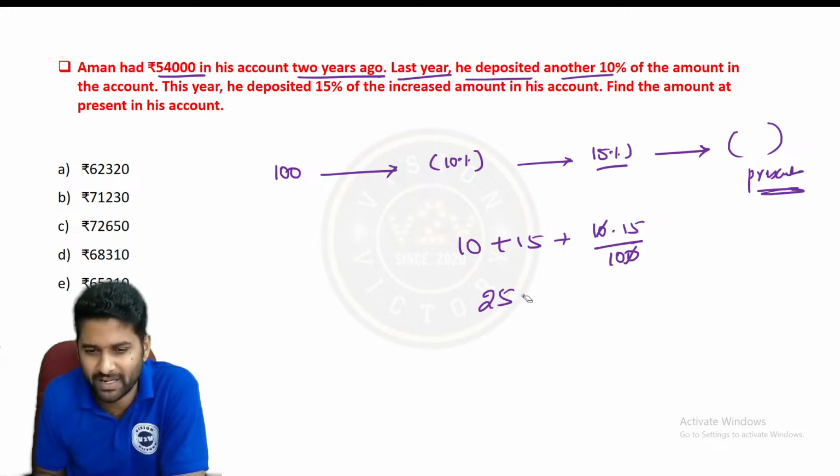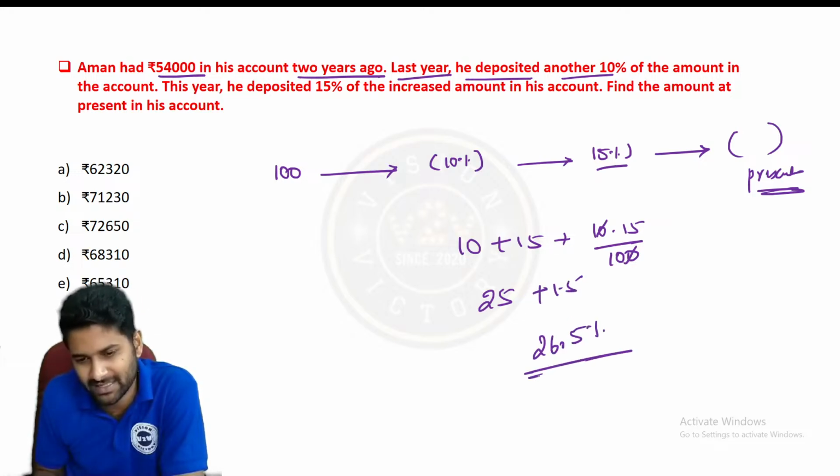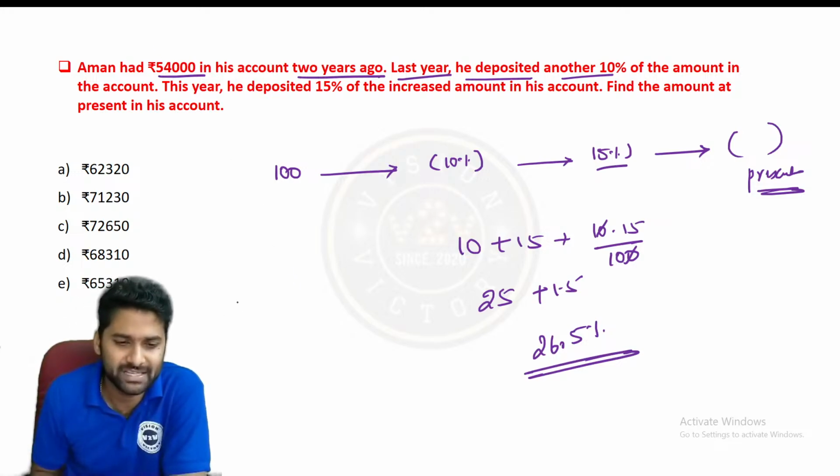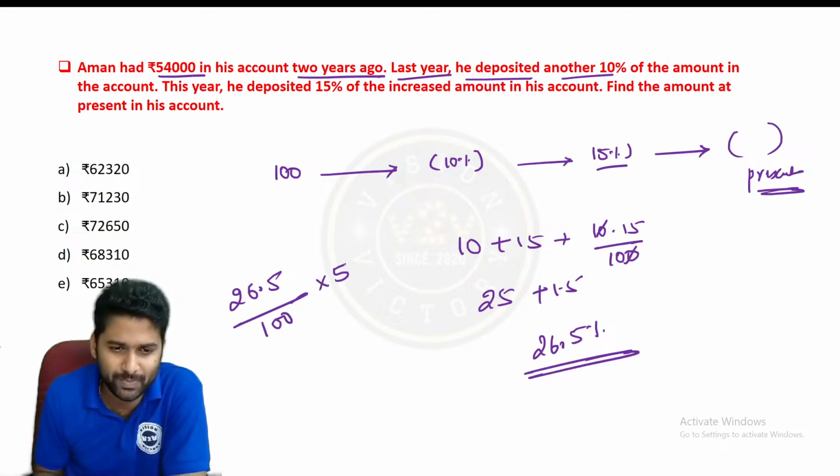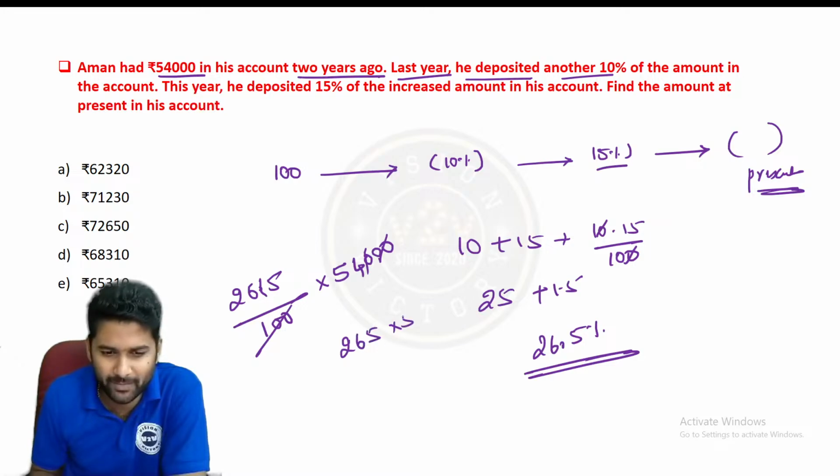It's all about 25 plus 1.5. It's 26.5% that the amount increases from this value. 26.5 divided by 100 is multiplied by 54,000. If 265 is multiplied by 54, it gives your answer.